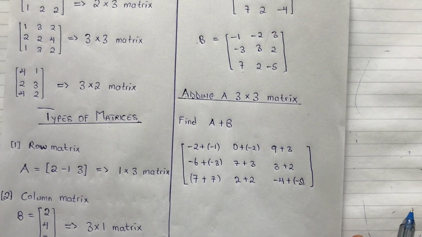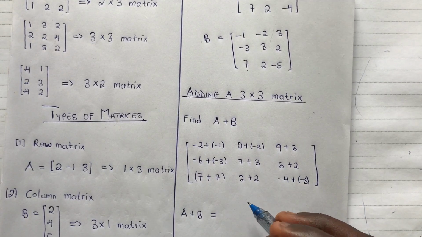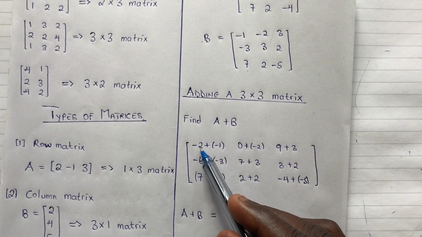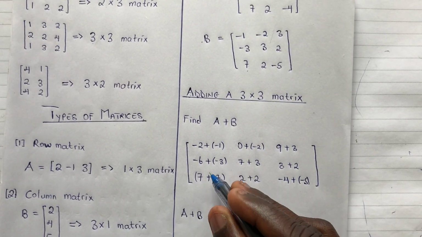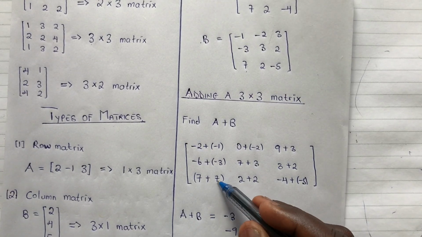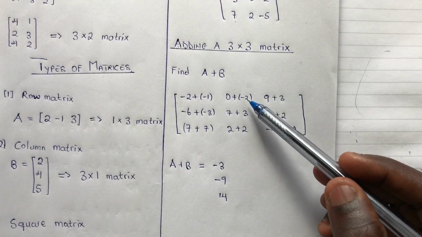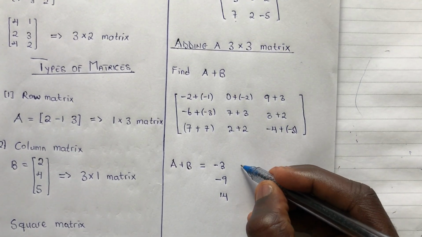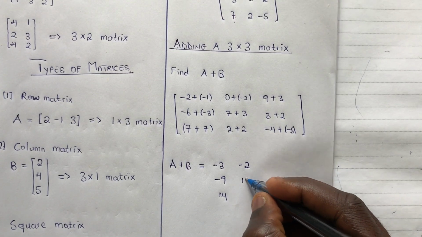Alright, so we can add the result. So now A plus B is going to give us negative 1 plus this, we are getting minus 3. This plus this, we are getting minus 9. This plus this, we are getting 14. Okay, so 0 plus this, we are having minus 2. This plus this, we are having 10.